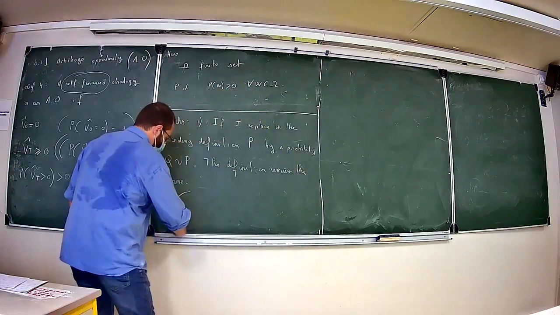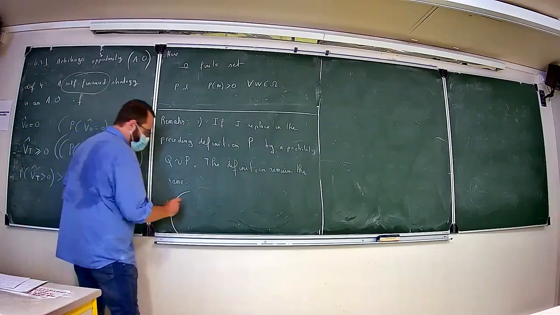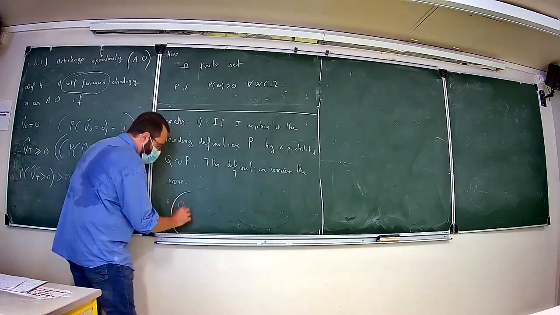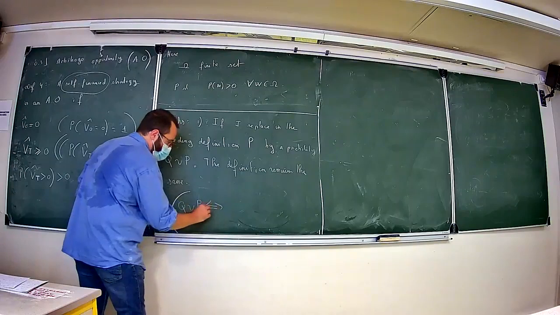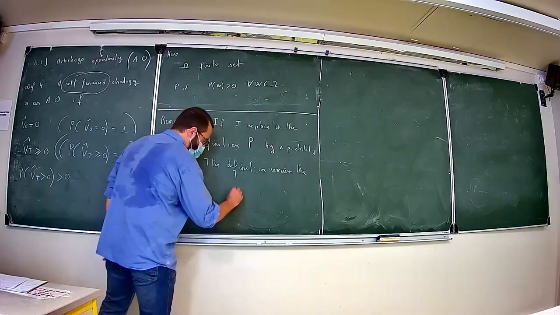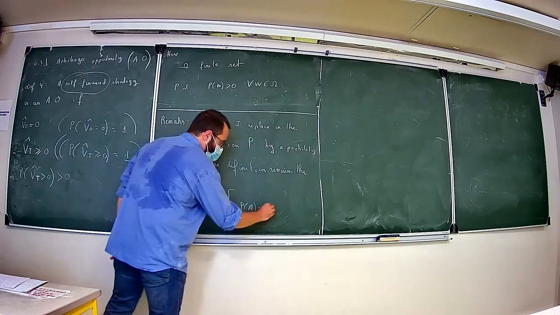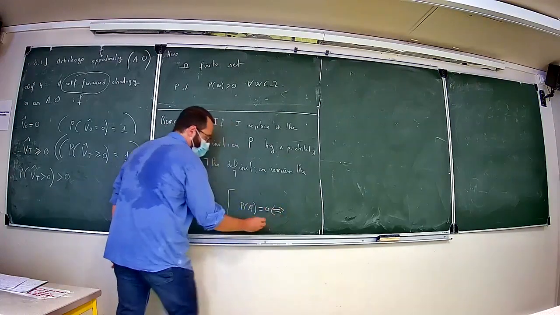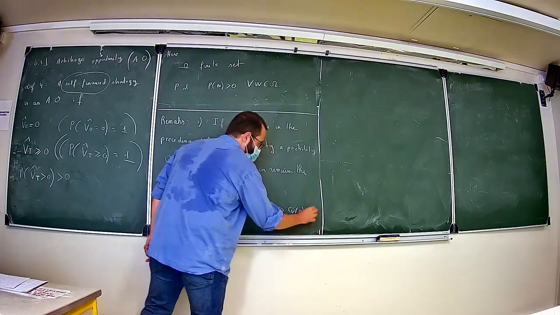I remind you what the definition is of a probability being equivalent to another one. Here Q is equivalent to P if and only if P of A equal to 0 is equivalent to Q of A equal to 0.